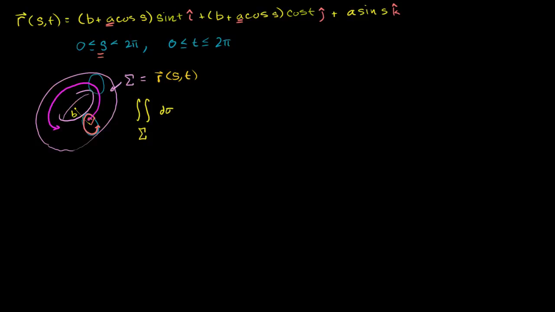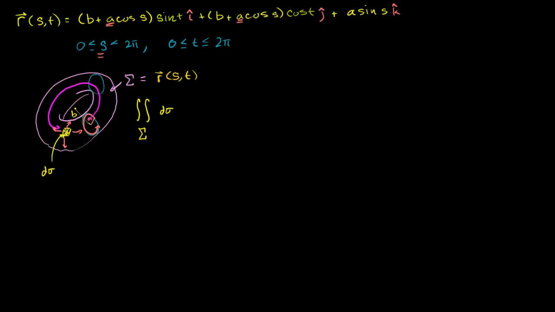You can imagine each d sigma is a little patch of the surface right there. And it's a double integral here because we want to add up all the d sigmas in two directions. You can imagine one rotating this way around the torus, and then the other direction going the other way around the torus. So that's why it's a double integral.